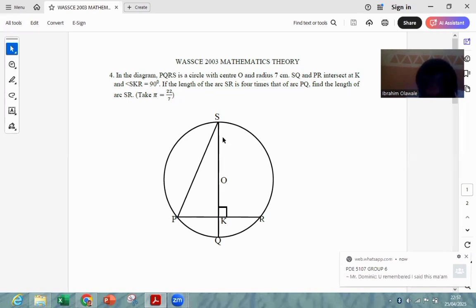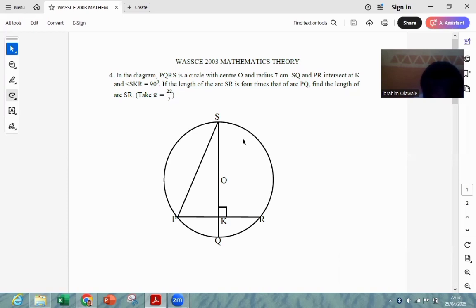We are told that SQ and PR intersect at K, and angle SKR is equal to 90 degrees, which we can see in the diagram clearly. If the length of arc SR is 4 times that of arc PQ, find the length of arc SR.